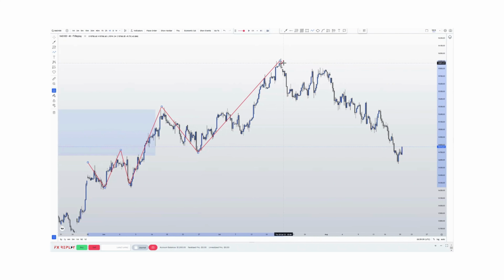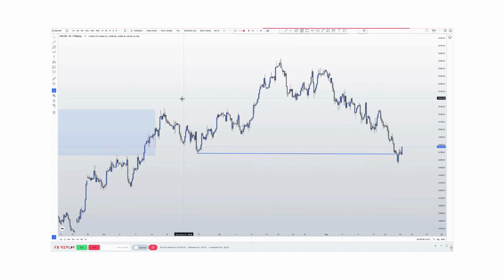Then, no, sorry about that, I've confused something. We have higher lows, higher highs, higher lows, higher highs, higher lows, higher highs, and then we now have the formation of a lower low. This is a break in internal structures of the H4.